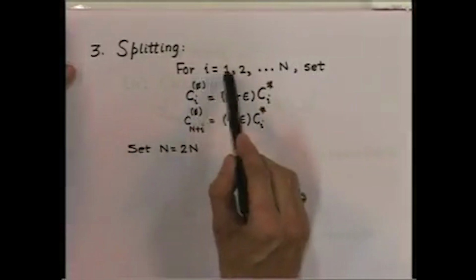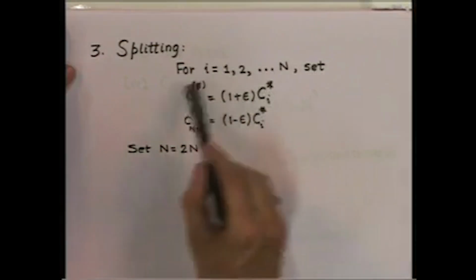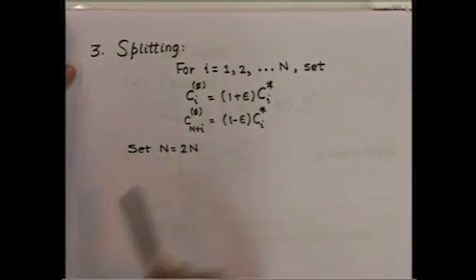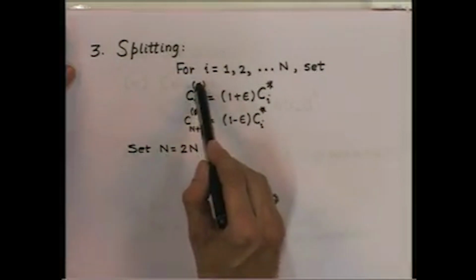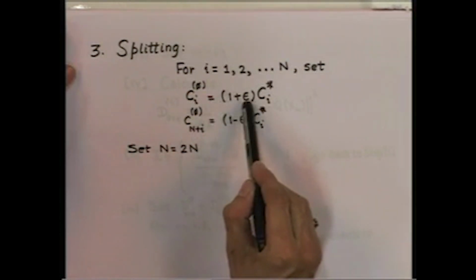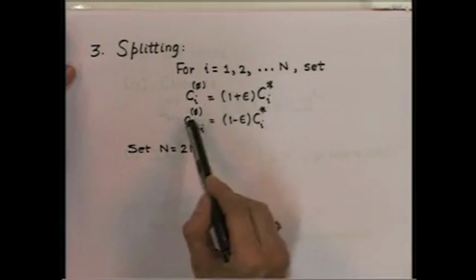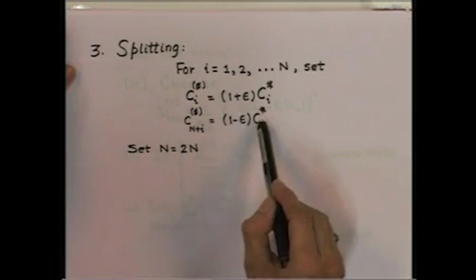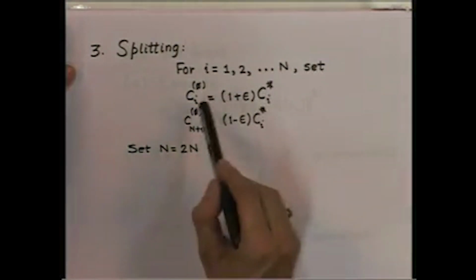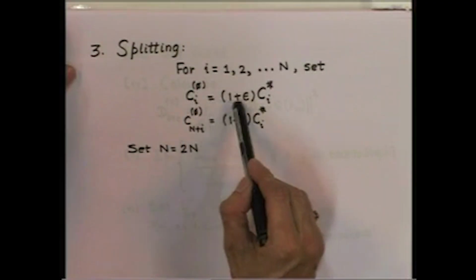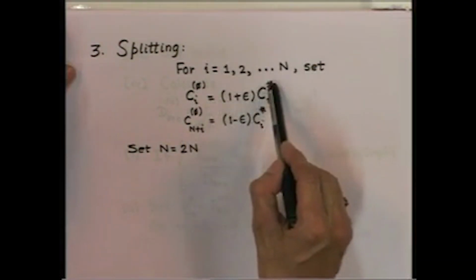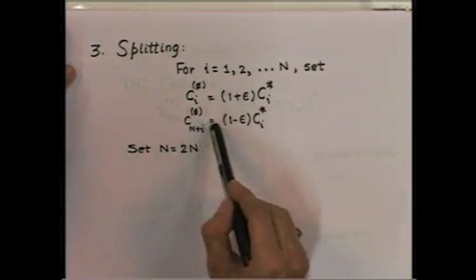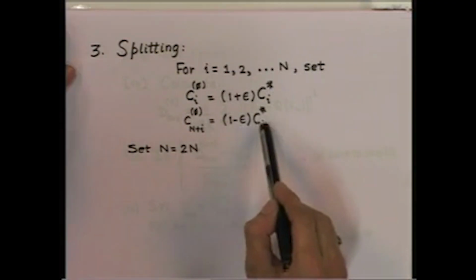So, for I equal to 1 to 2, we have to compute this. We will get C1 0 equal to 1 plus epsilon C1 star, C3 0 equal to 1 minus epsilon C1 star, and C2 0 equal to 1 plus epsilon C2 star.